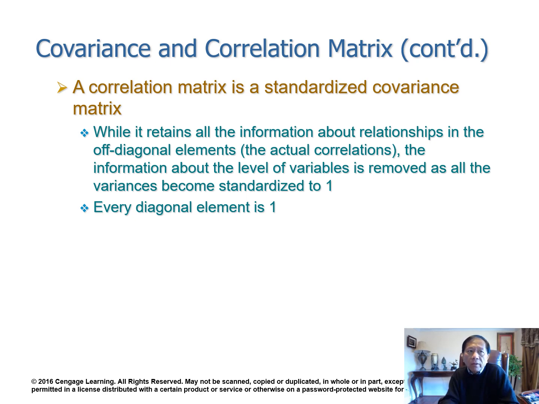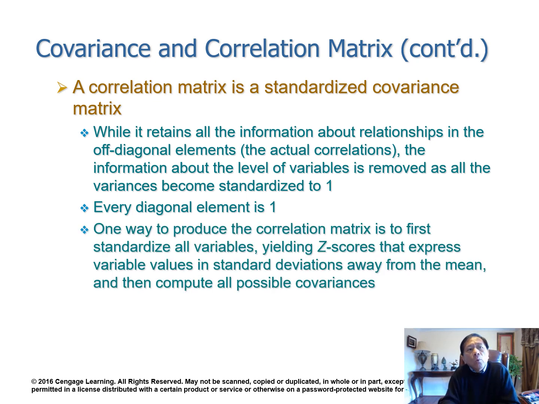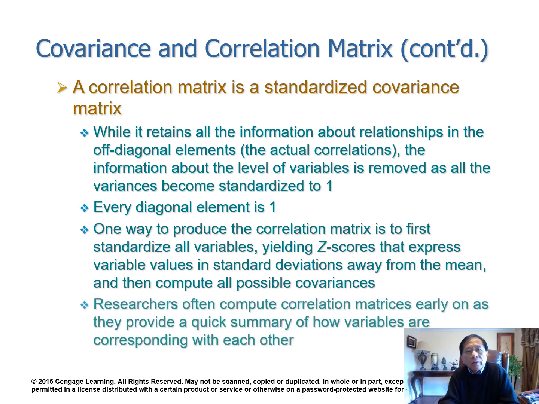So every diagonal element is 1. One way to produce the correlation matrix is to first standardize all variables yielding z-scores. Remember z-scores express variable values in standard deviations away from the mean, and then compute all possible covariances.